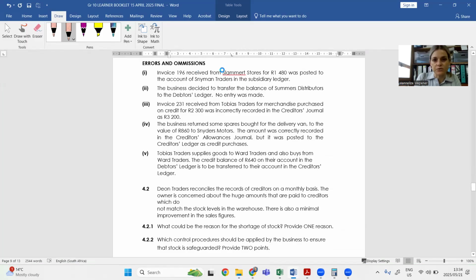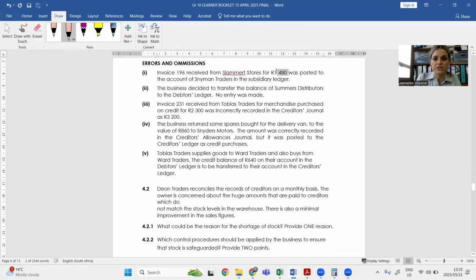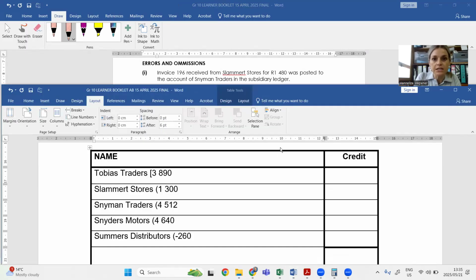Now, errors and omissions. Invoice 196 received from one of our creditors for 1,480 was posted to the account of another creditor. Okay, so we have recorded this transaction. Everything's fine in our journals. We then posted the totals to our creditors control account in the general ledger.